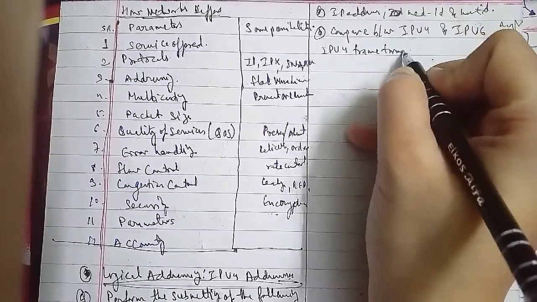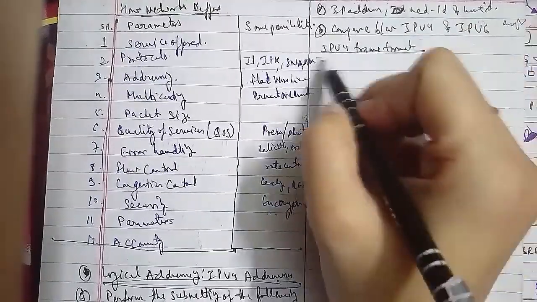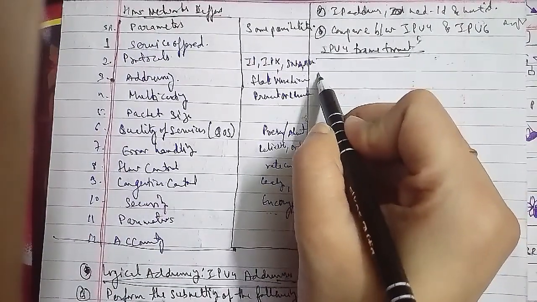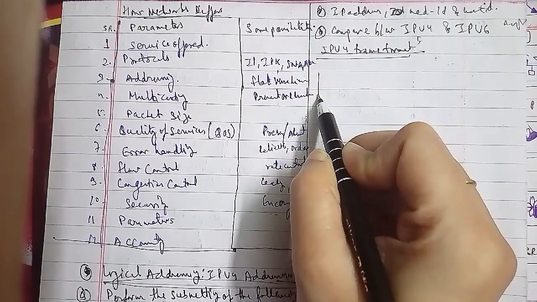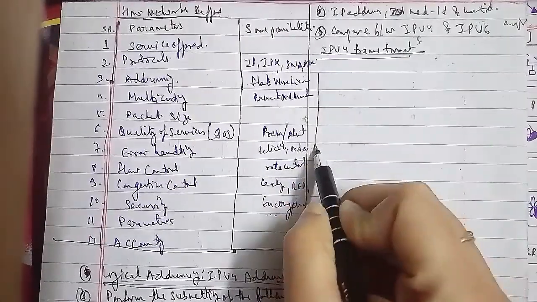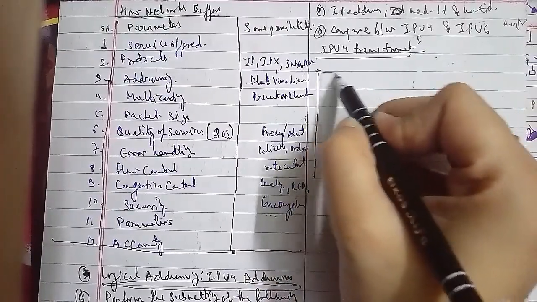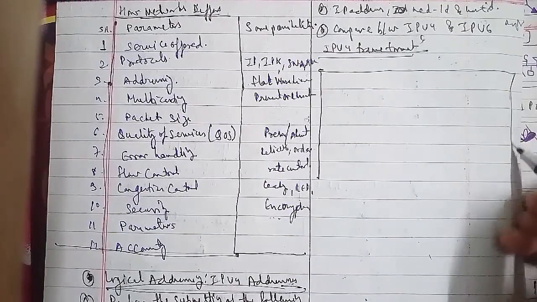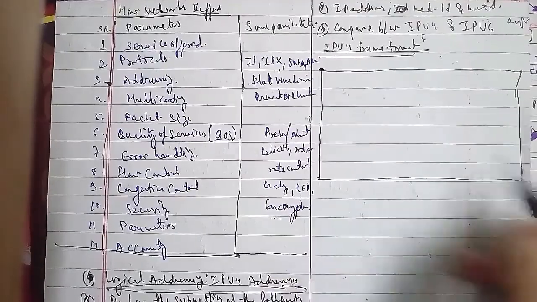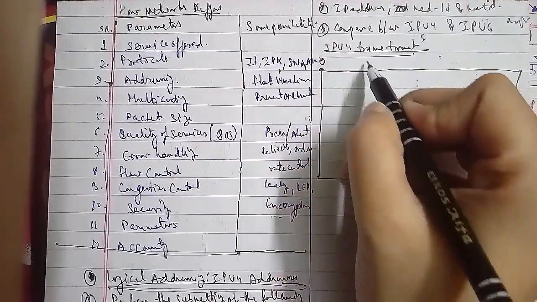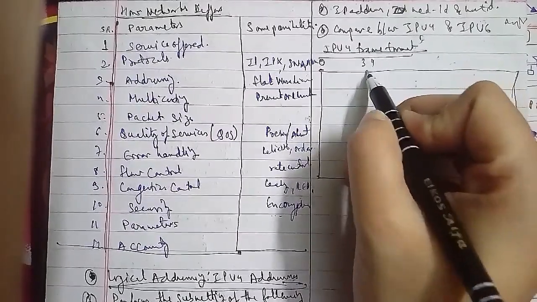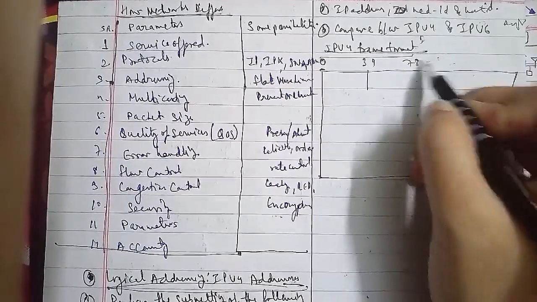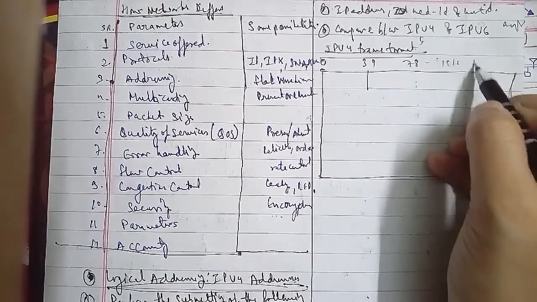For the IPv4 frame format, first we have the bit positions: 0, 3, 4, then 7 and 8, then 15 and 16, 18 and 19, and of course 31 as well.